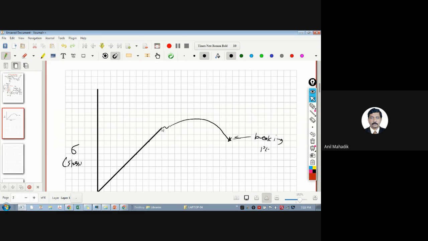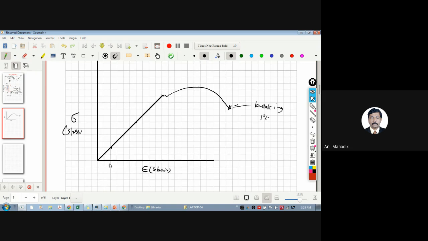That means there is a certain point till which the stress was proportional to the strain. So it was linear. For example, if the force is 10 kilonewton, then stress is, let's say, 0.001. I don't know the number. Let's say this is sigma 1 and this is epsilon 1, then sigma 2, and here it is epsilon 2, right?